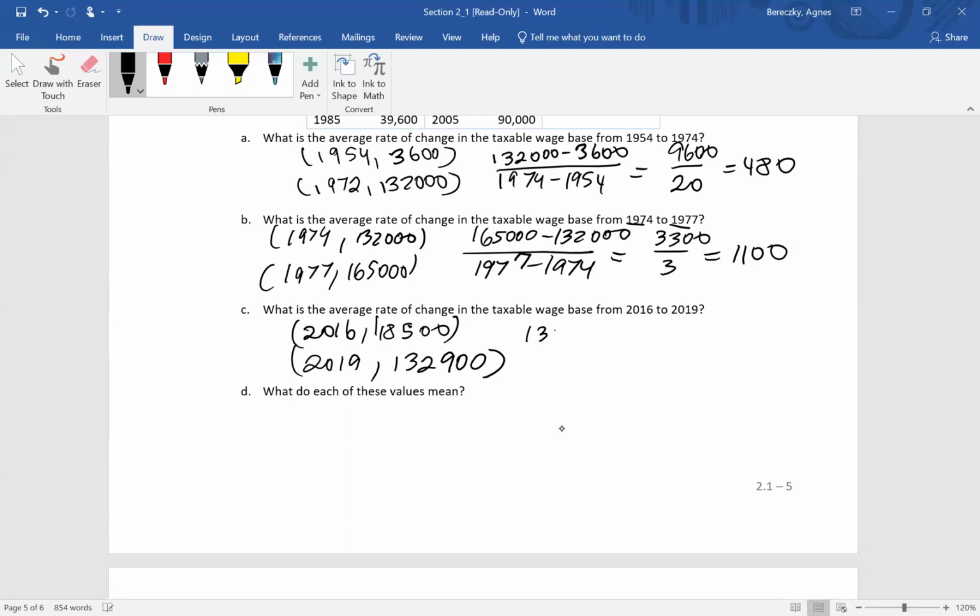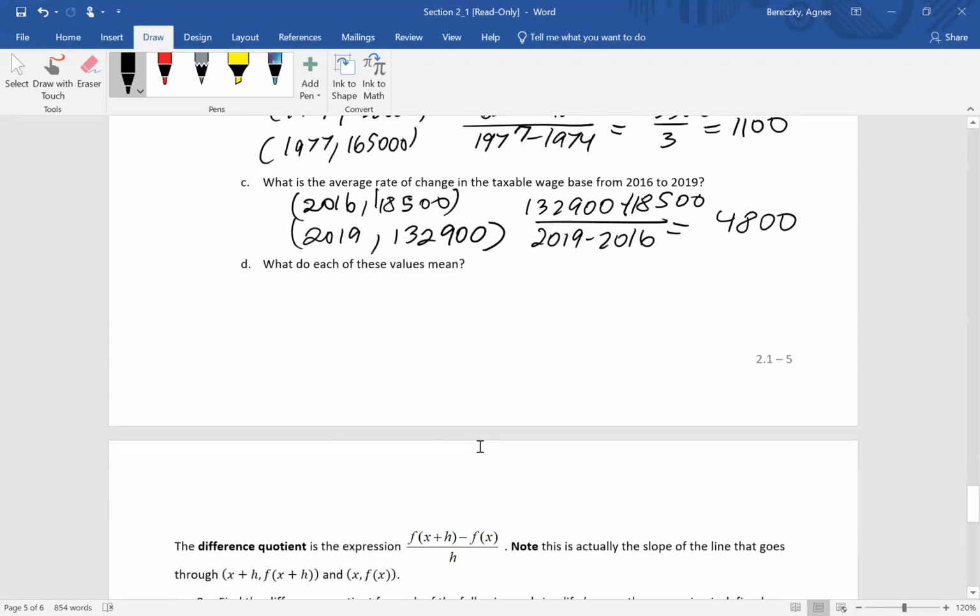Again, plugging in 132,900 minus 118,500 over 2019 minus 2016 equals 4,800. What do each of the values mean?